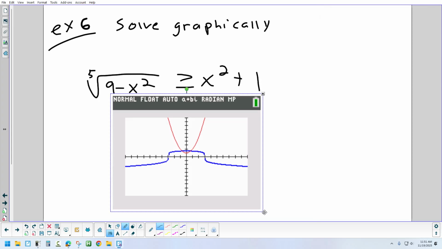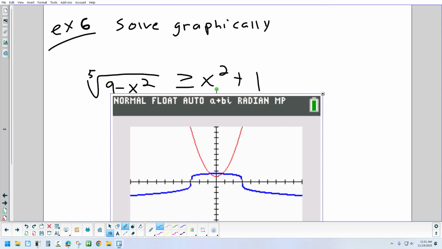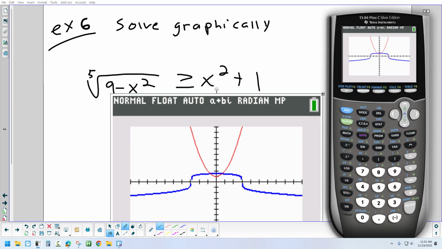Okay, so we got to just look at it carefully. The 5th root was the graph that I did in blue, and x squared plus 1 is the graph line in red. Is the blue graph ever above the red graph? Yes, there is a section. Where is the blue one above the red one?